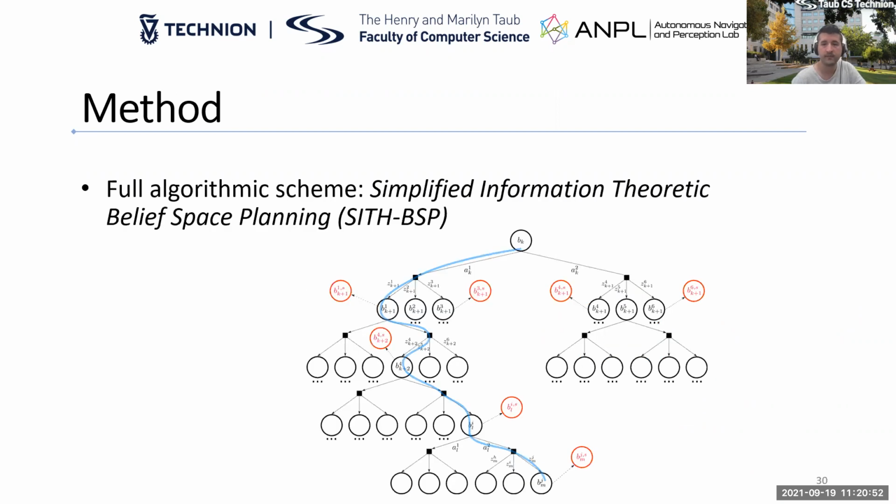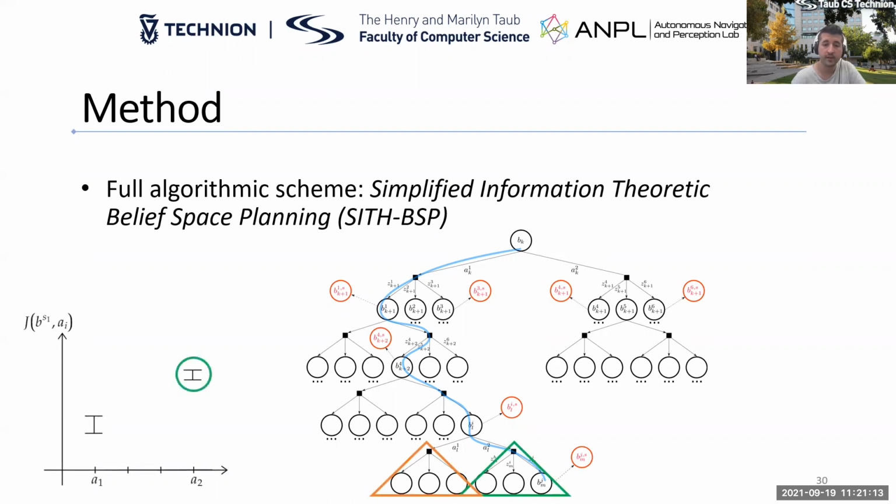More formally, given a belief tree, our algorithm, Simplified Information Theoretic BSP, or in short, SITH-BSP, goes from leaves to root of the tree and calculates the subtree's value function upper and lower bounds. If the bounds do not overlap, we can prune all branches but the best one and keep the recursion up the tree.